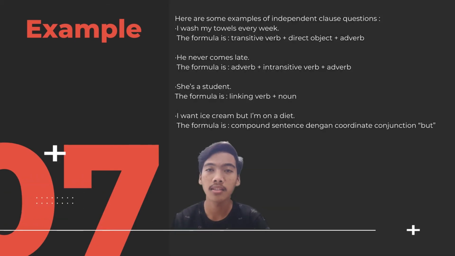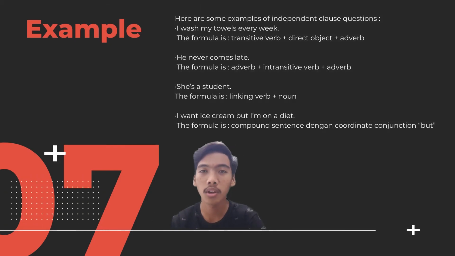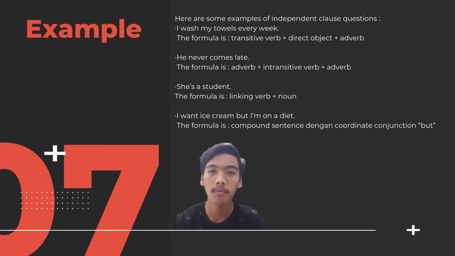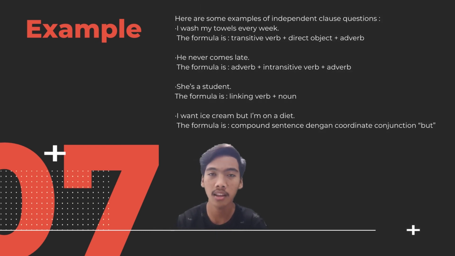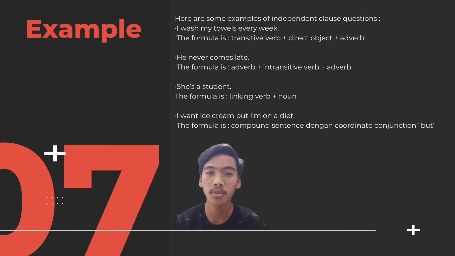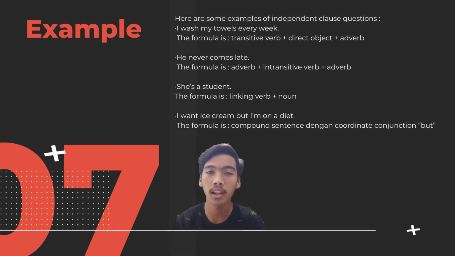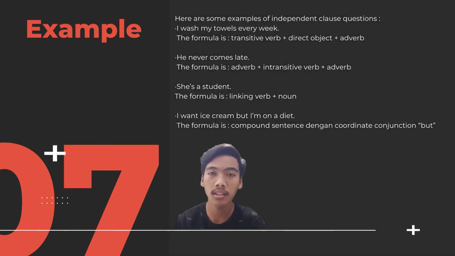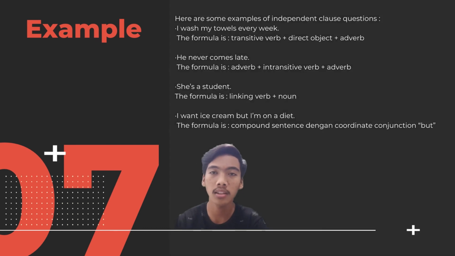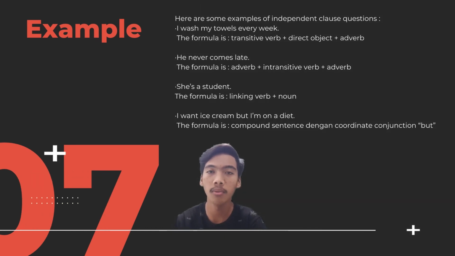Here are some examples of independent clause patterns. Number 1. I wash my towels every week. The formula is subject plus transitive verb plus direct object plus adverb. Number 2. He never comes late. The formula is adverb plus intransitive verb plus adverb.